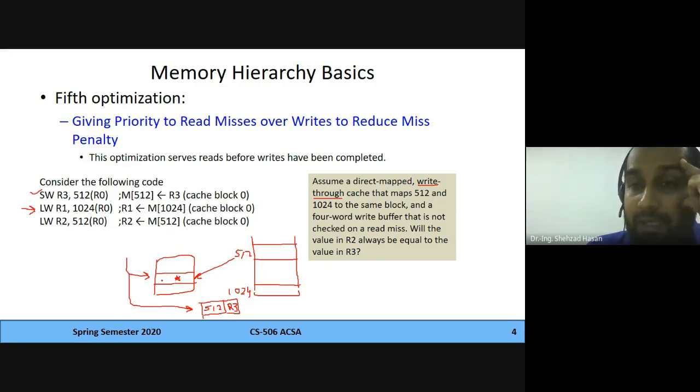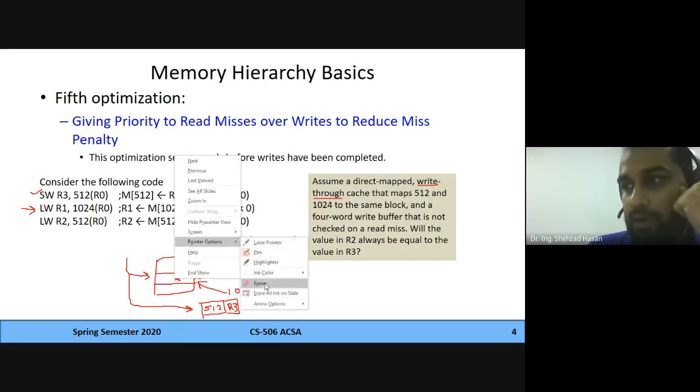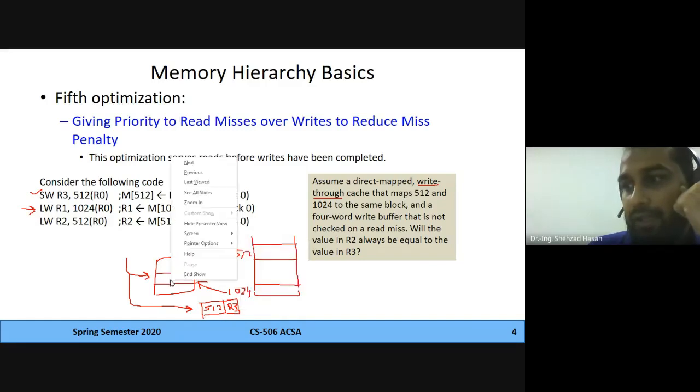If the current one is 512 and you want to read something from 1024, you want to bring it in first of all. If you're going to bring in this block, it has no other place other than this particular line. So when 1024 comes, you are then going to have the contents of 1024 over here.